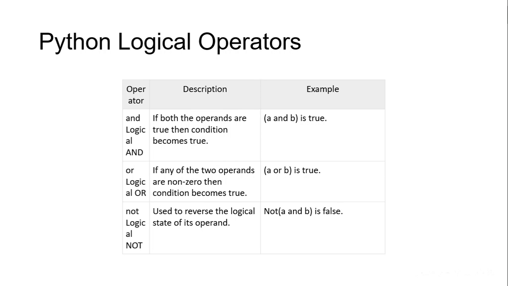So this is a simple logical OR operator. And after that we have the NOT operator. The NOT operator means we are reversing that particular logical statement. If a is true, then it returns false. If a is false, then it returns true. So these all are the logical operators in Python.